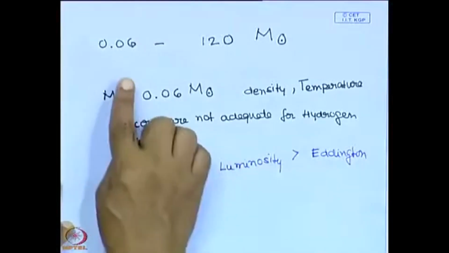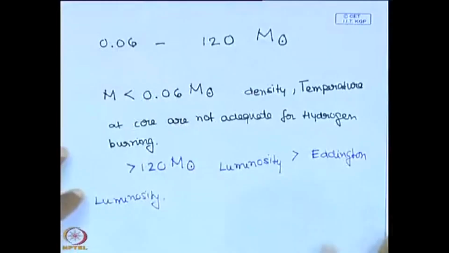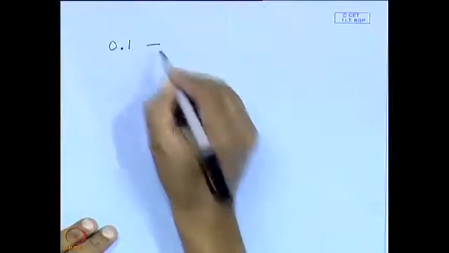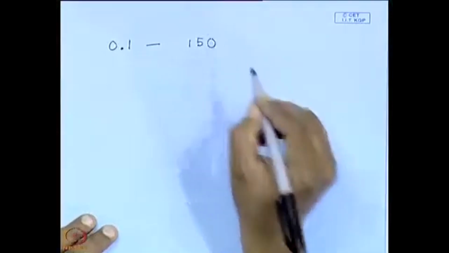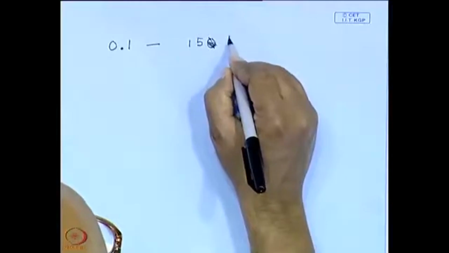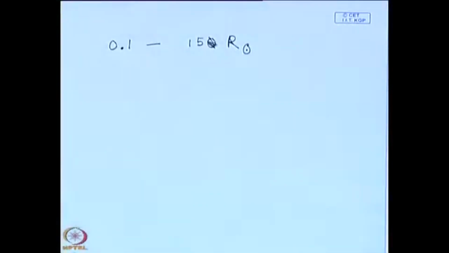Now, corresponding to this mass range, the radius of the star varies between 0.1 to 15 times the solar radius. Okay.